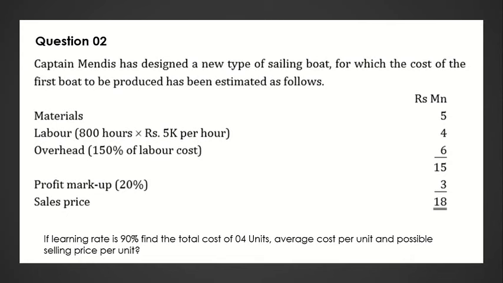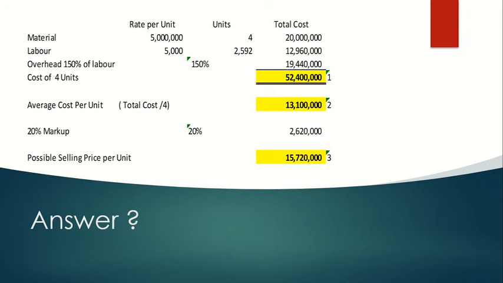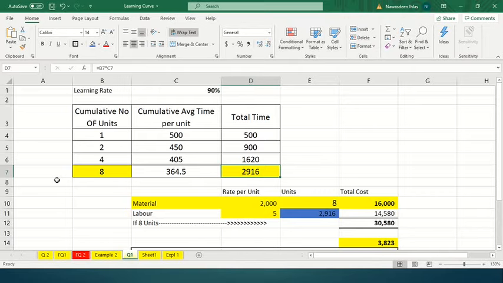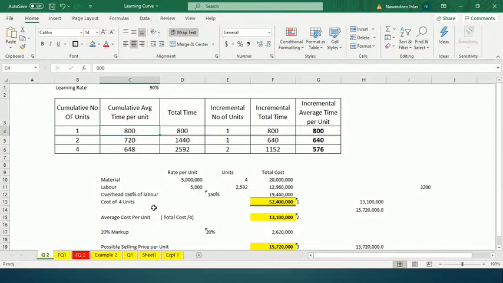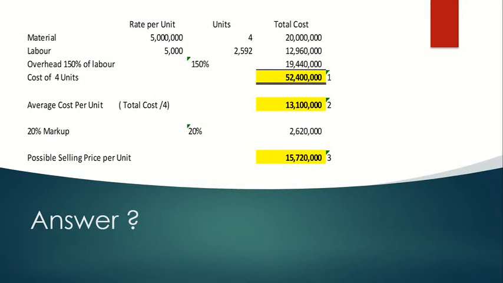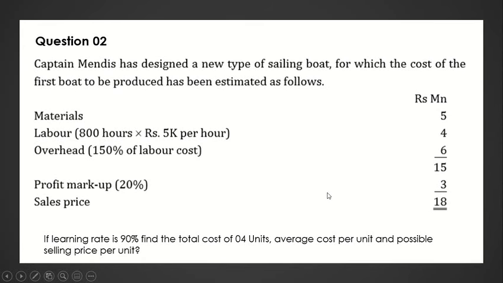Right. So 4 units means obviously we can apply the tabular approach. So here we'll find out the answer. So here you can see here for the first unit they need 800 hours.